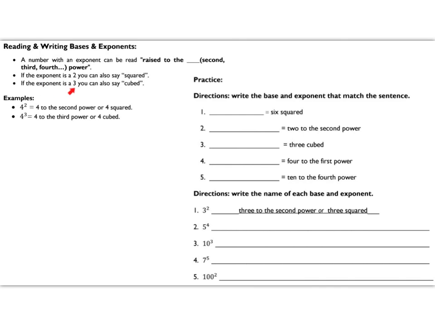If the exponent is a 3, you can also say cubed. So take a look at these examples. You have 4 to the 2nd power. Notice we don't use the word raised, but you can. But 4 to the 2nd power, or this is also 4 squared. 4 to the 3rd power, or 4 cubed.